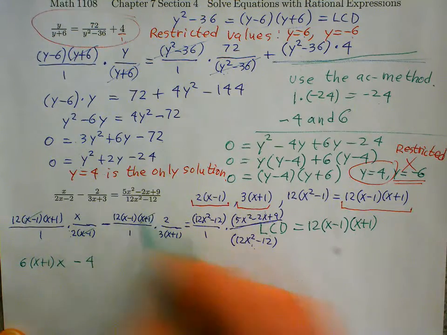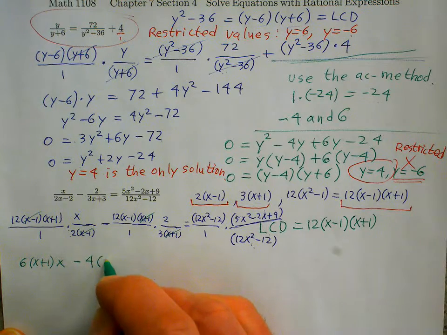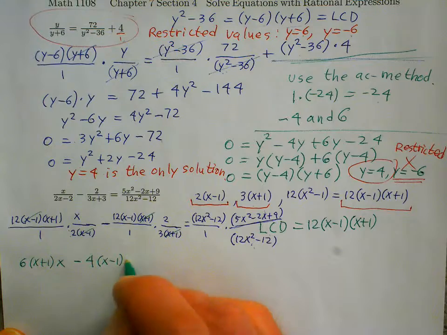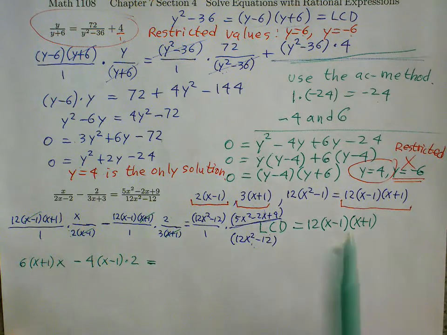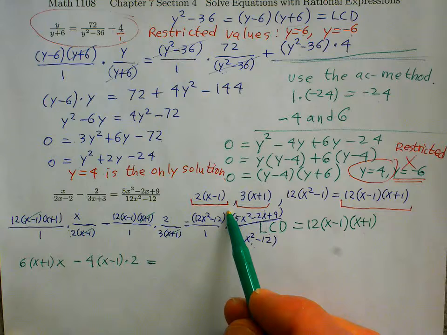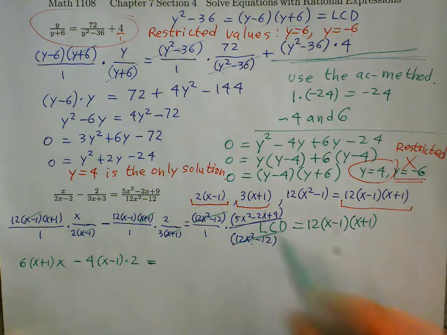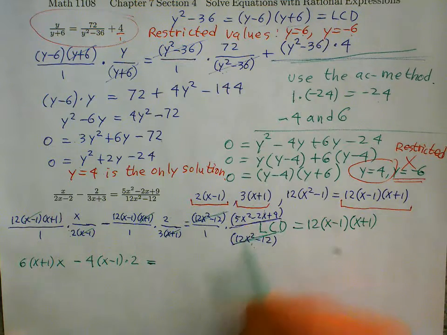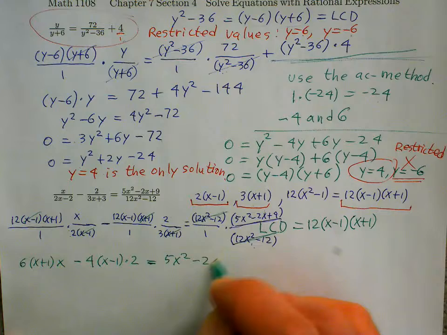X plus 1 divided by x plus 1 cancels. And we're left with x minus 1 times 2. Okay, on the right-hand side, 12x squared minus 12 cancels with 12x squared minus 12. And so the right-hand side is just 1 times 5x squared minus 2x plus 9.